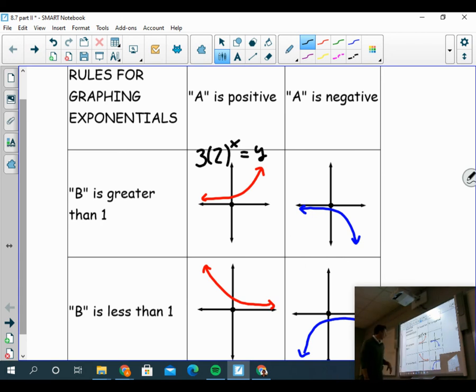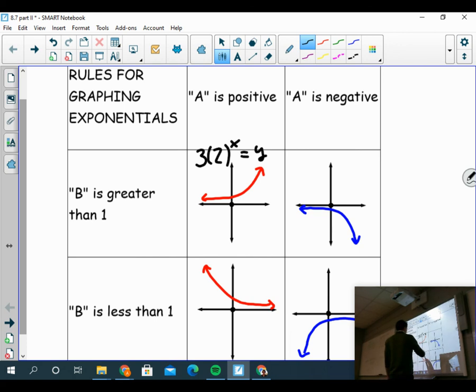If your b value is bigger than 1, then you have an exponential function that starts above the x-axis, approaches it on your negative x values, and as your x values increase, it moves up toward the sky. It shoots up toward infinity and increases at a drastic rate. Our graph from yesterday, 3 times 2 to the x, would fall in that category.